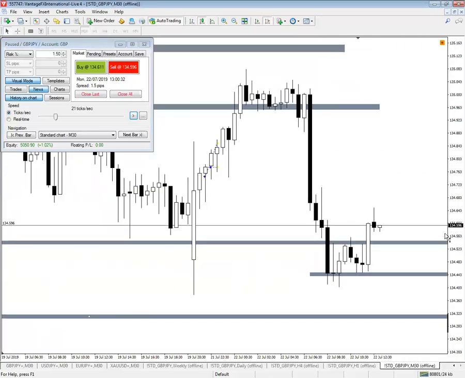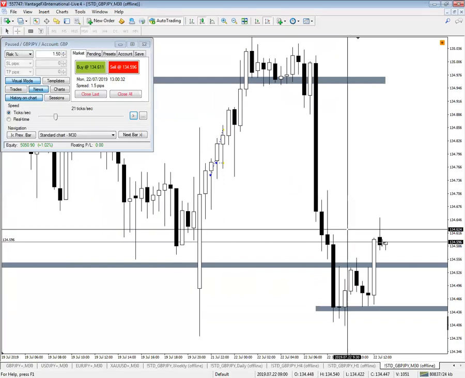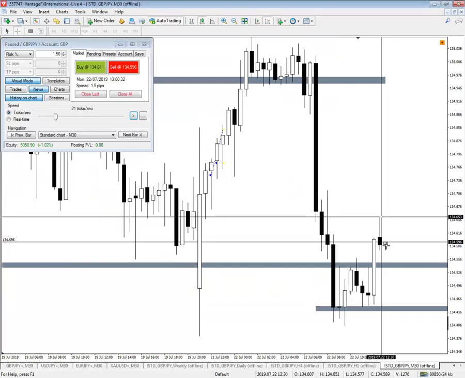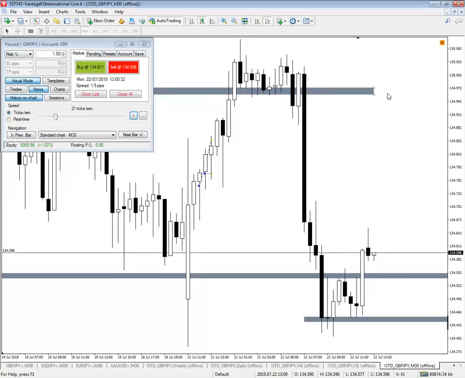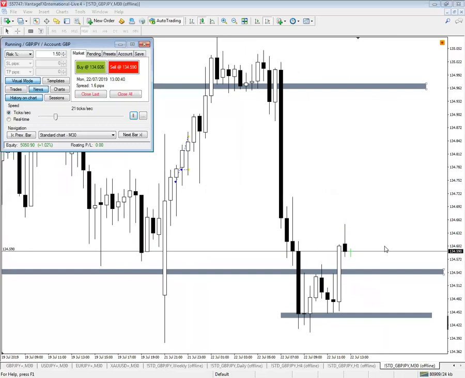I see potentially, if we can create a support here, then there's a very high chance we should continue moving bullish. Otherwise, I'm going to wait to see if we can form a support.